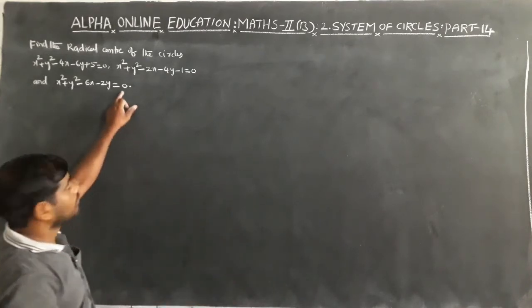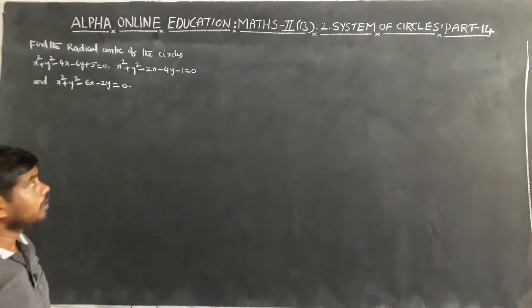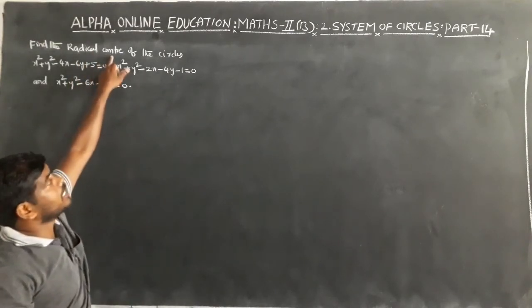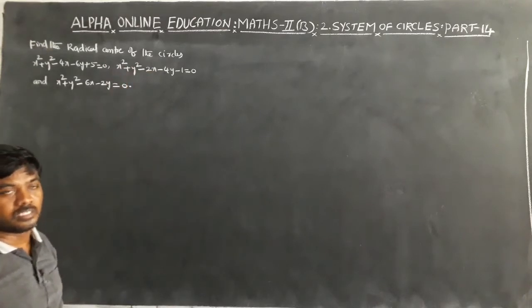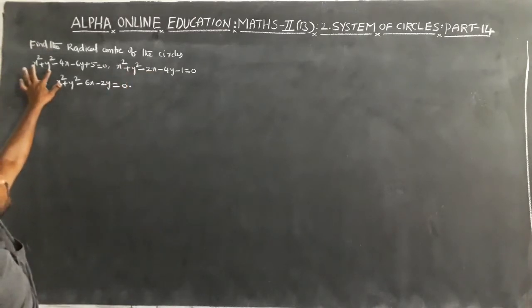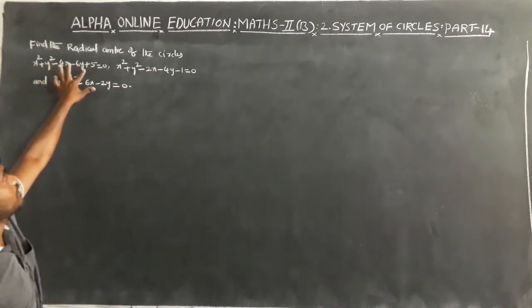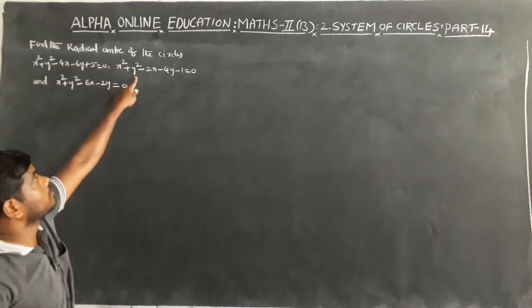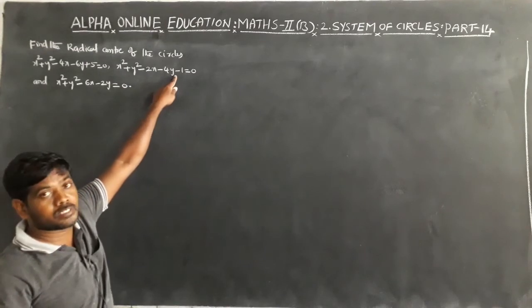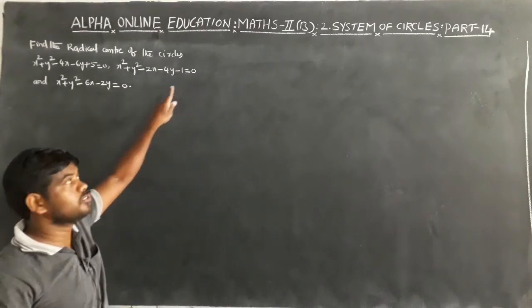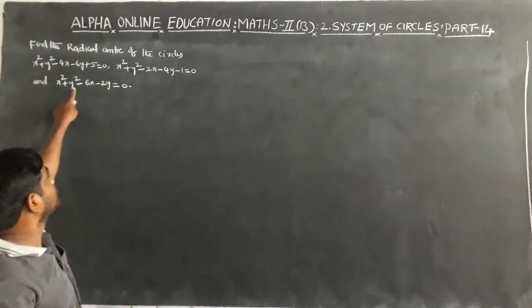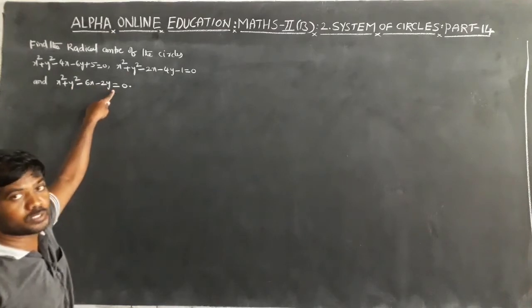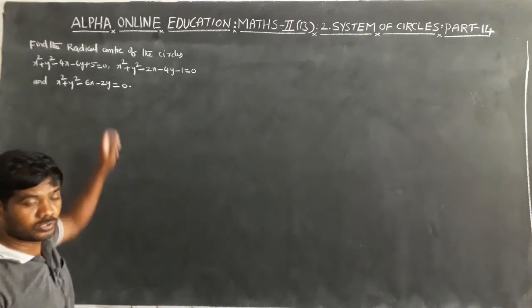This is the question. Find the radical center of the circles x square plus y square minus 4x minus 6y plus 5 is equal to 0, x square plus y square minus 2x minus 4y minus 1 is equal to 0, and x square plus y square minus 6x minus 2y is equal to 0.